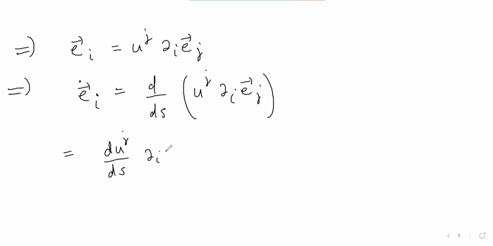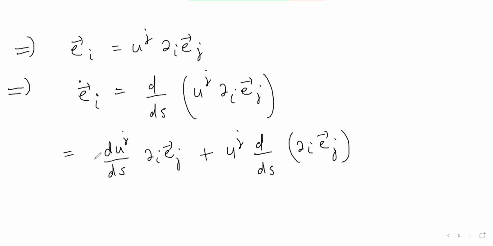We multiply this by partial_i e_j, and then plus u_j multiplied by the derivative with respect to x of this partial_i e_j. So we apply the product rule to u_j multiplied by partial_i e_j, and we get this result here.